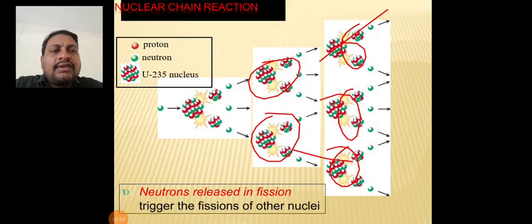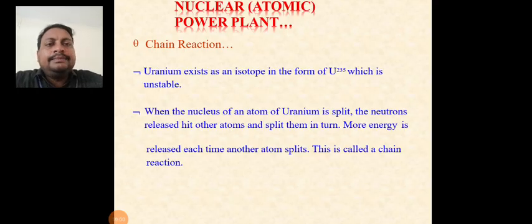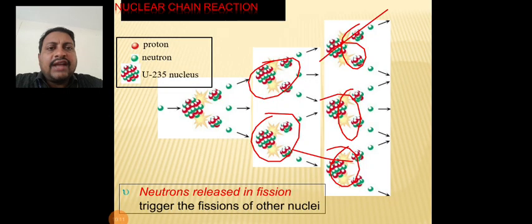When the nucleus of a uranium atom is split, the neutrons released hit other atoms and split them in turn, so more energy is developed. Each time another atom splits, this is called a chain reaction. In the nuclear power plant, the chain reaction takes place, so a large amount of heat is developed due to nuclear fission.